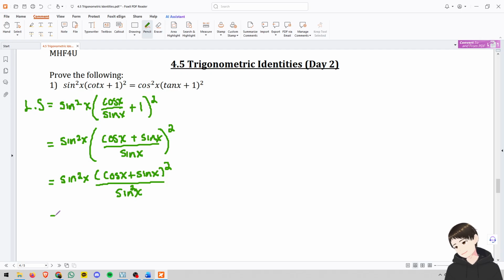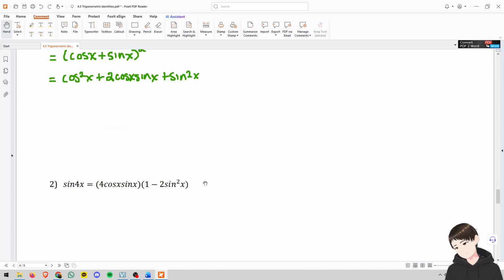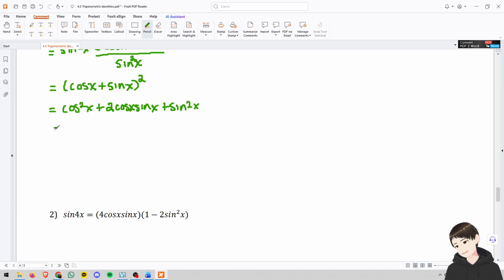Since these two can be simplified, my left side is effectively going to be (cos x plus sine x) squared. Now I could multiply this out. This would turn into (cos plus sine) times (cos plus sine). So cos times cos, cos times sine, sine times cos, so 2 of these, and then sine times sine. And guess what? Cos squared plus sine squared is equal to 1. So it's going to be 1 plus 2 sine x cos x. That's about it.